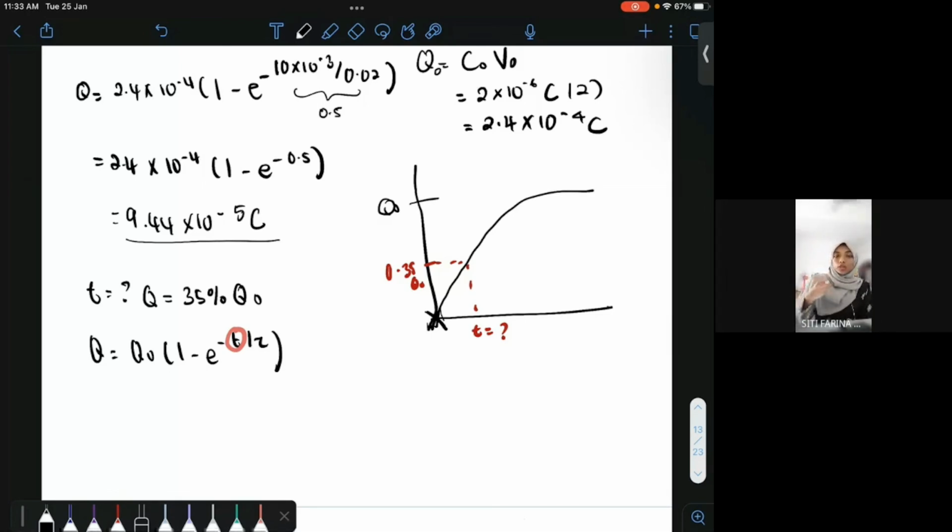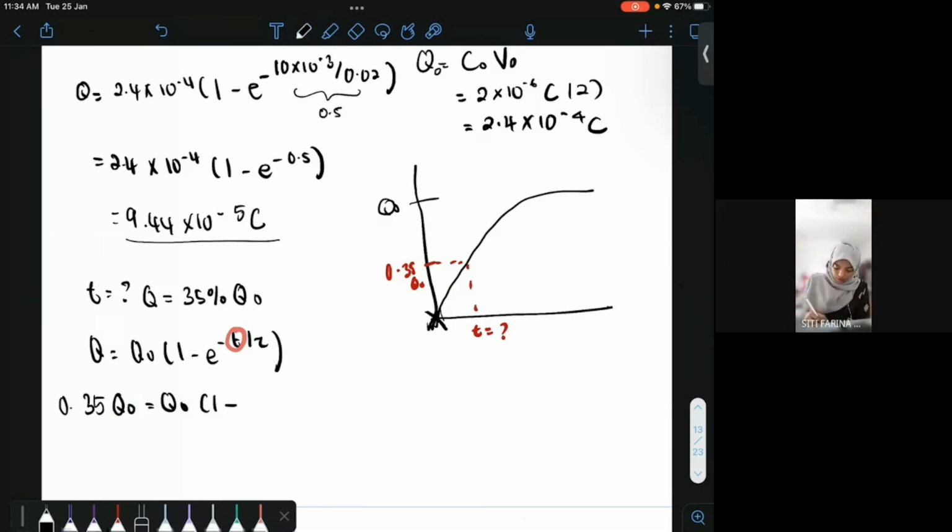Your Q now is 35% of the maximum. So 35% adalah 0.35 of siapa? Of maximum charge. Samakan dengan maximum charge. Awak nak masukkan nilai Q naught ini pun boleh. Kalau tak nak pun boleh. Selalunya, whenever we are trying to find T, kalau dia bagi dalam bentuk percentage, kita akan tinggalkan dia sebagai Q naught dekat sini because we are going to cancel juga nanti.